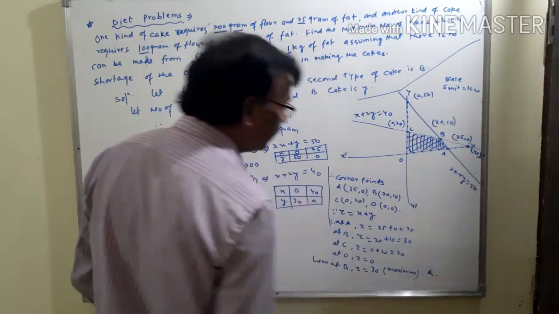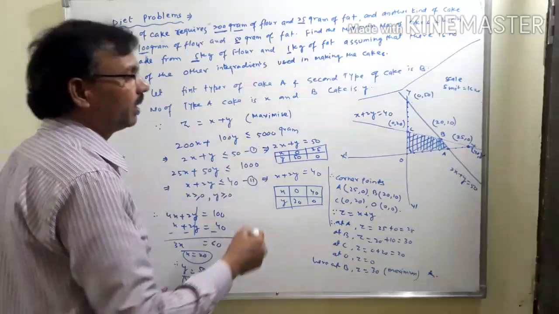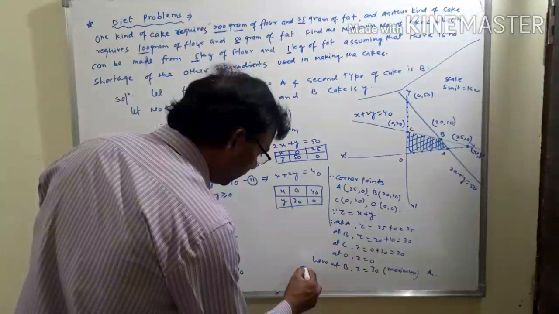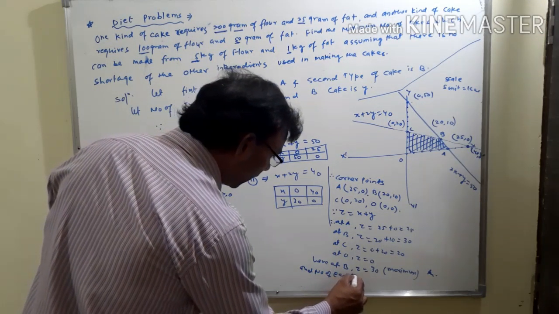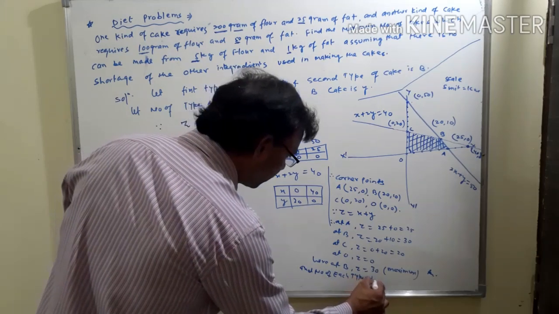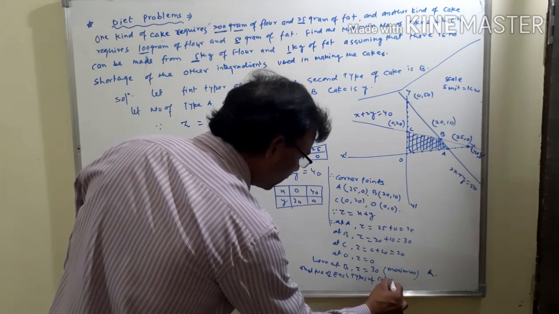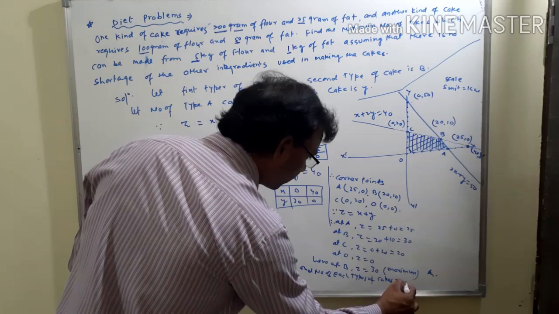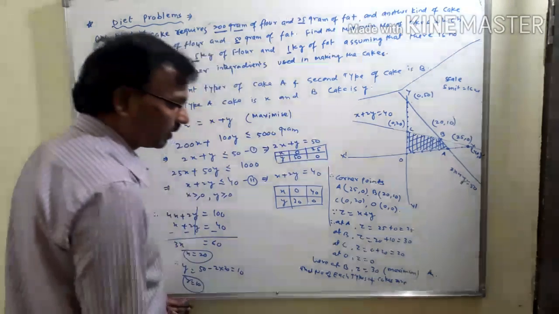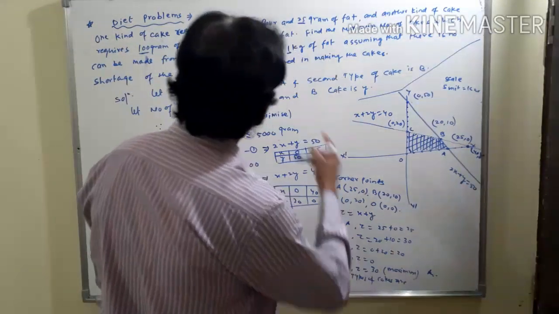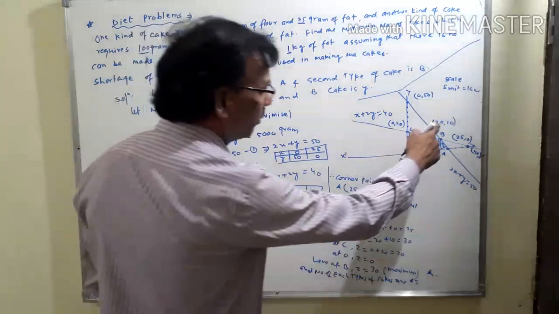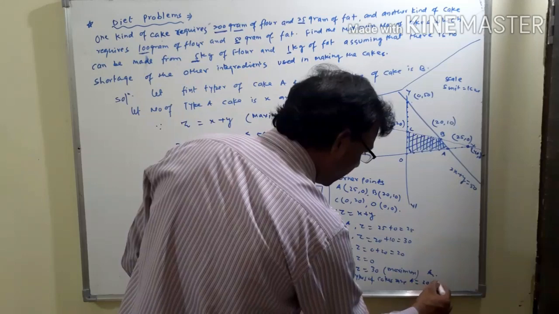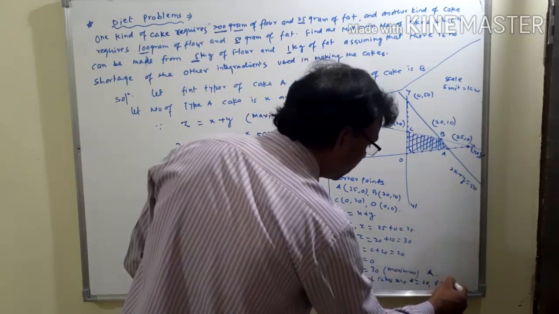This is the first answer. And the number of each type of cakes: the number of A type cakes is x equal to 20 and B type is equal to 10.